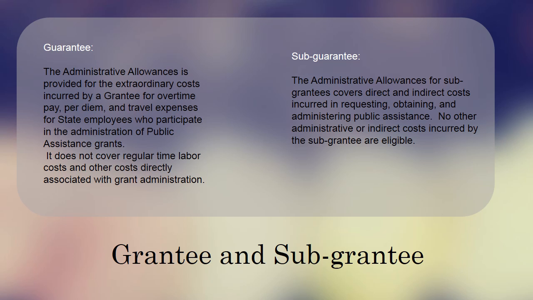The administrative allowance for the subgrantee covers direct and indirect costs incurred in requesting, obtaining, and administering public assistance. No other administrative or indirect costs incurred by the subgrantee are eligible.